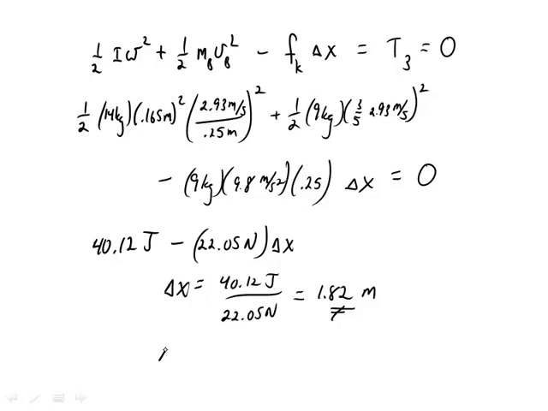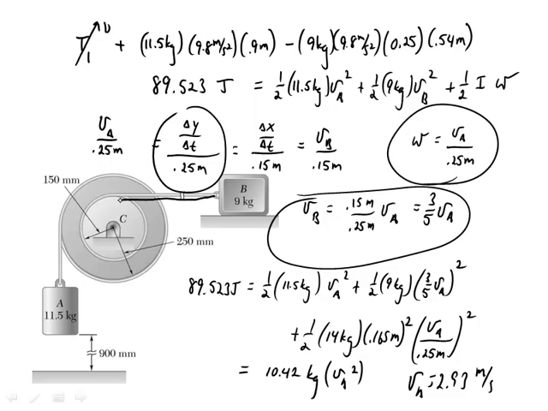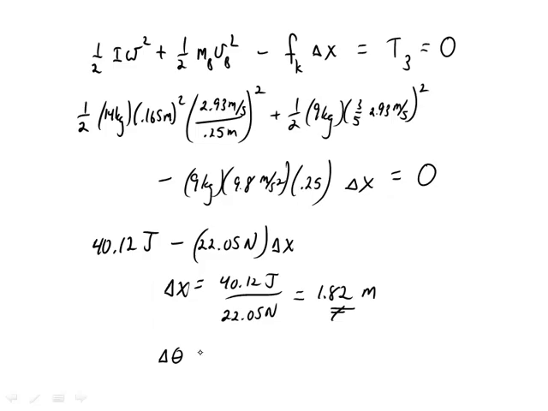And if I wanted to know how much rotation that goes through, keep in mind the 1.82 meters is wrapped around 0.15 meters. So delta theta would be 1.82 meters over 0.15 meters, because V is equal to R omega, or X is equal to R theta, and I get 12.13 radians, which is 1.93 revolutions.